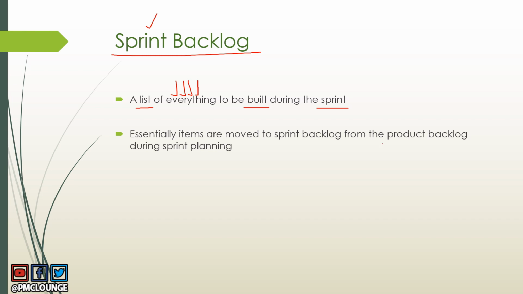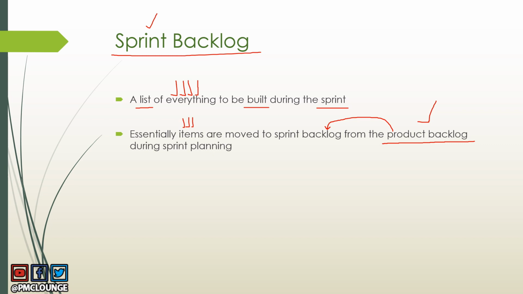So, of course, these items come to the sprint backlog from the product backlog itself. And items here are again your features, your bug fixes, service requests, everything, right? All of those are part of the product backlog. And from there on, whatever you can deliver in one sprint is moved to the sprint backlog.